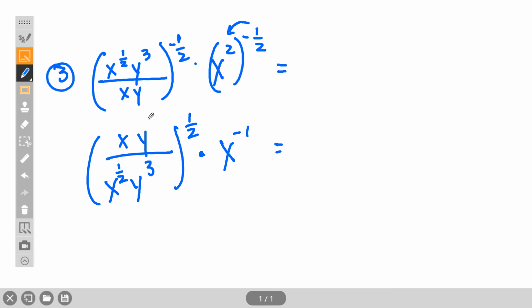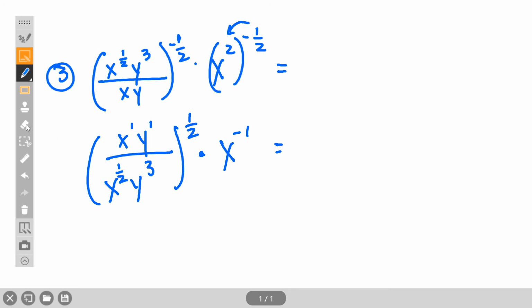All right, let me get rid of this exponent here. So all of these exponents on the inside, this is x to the first, y to the first, x to the 1/2, y to the third. You can multiply the 1/2 to each of these, or you can simplify the inside first. Since we have fractions, you might want to simplify the inside first, but it is really up to you.